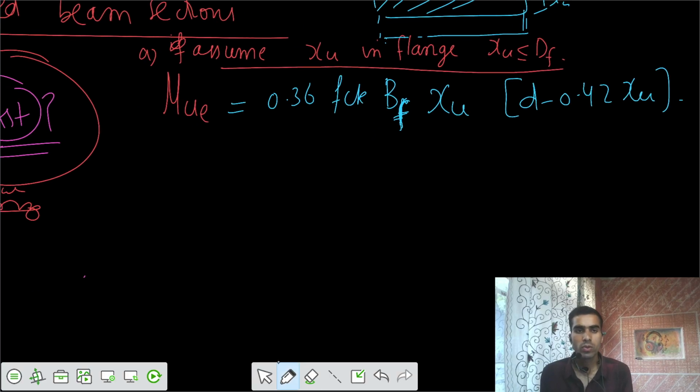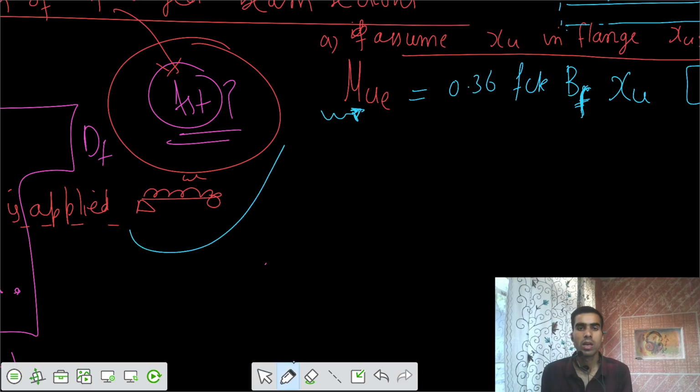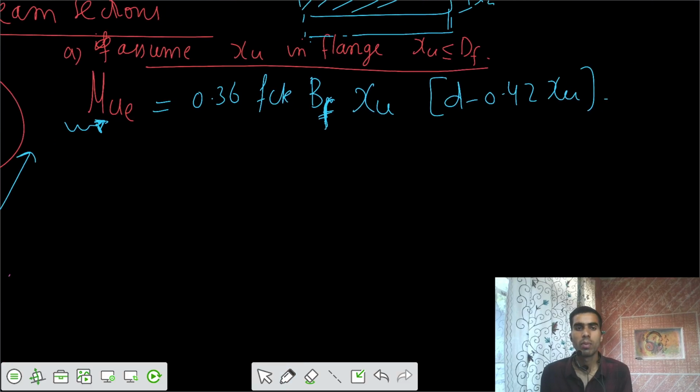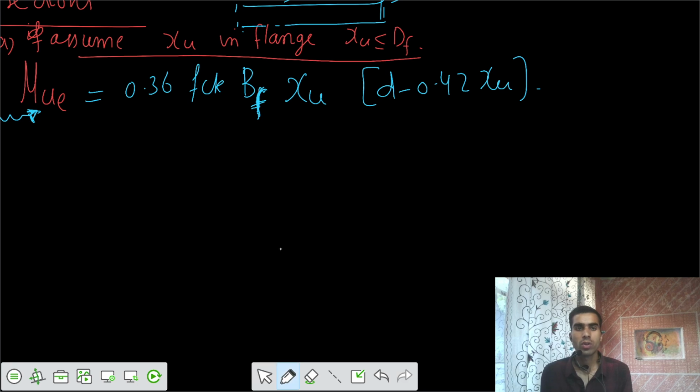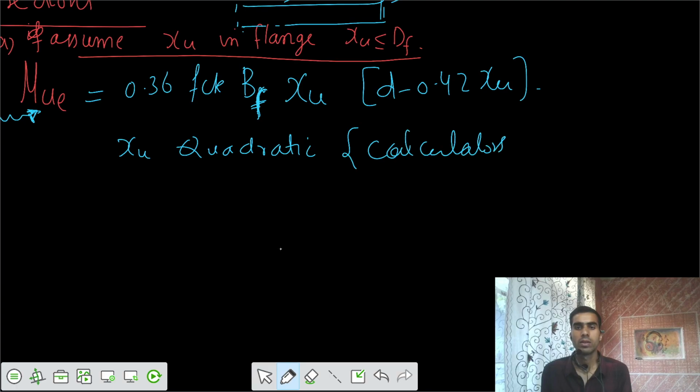You substitute the value of MUE here, the moment developed because of the external loads. Then you solve the quadratic equation in terms of XU using a scientific calculator, and you get the location of the neutral axis.